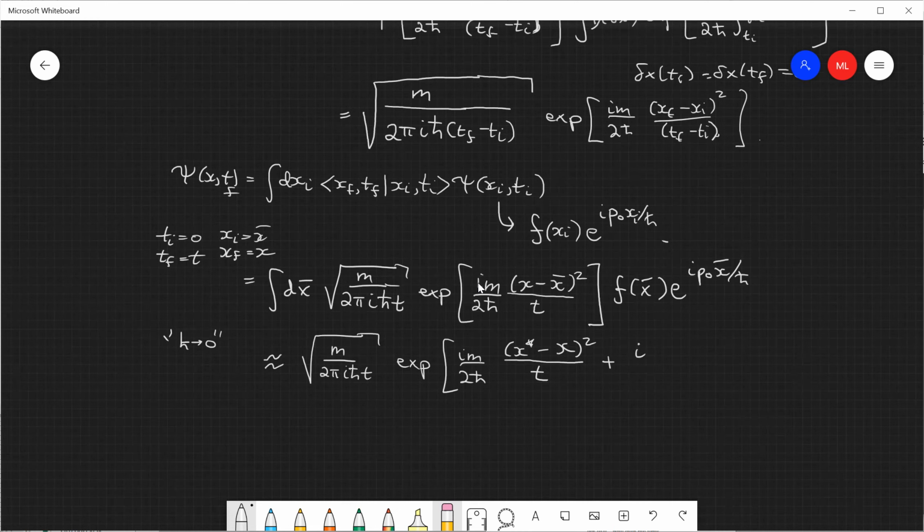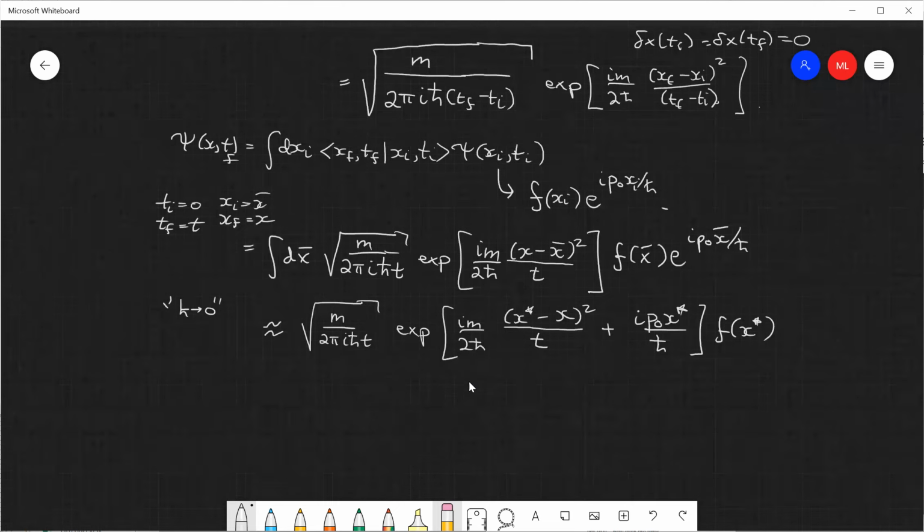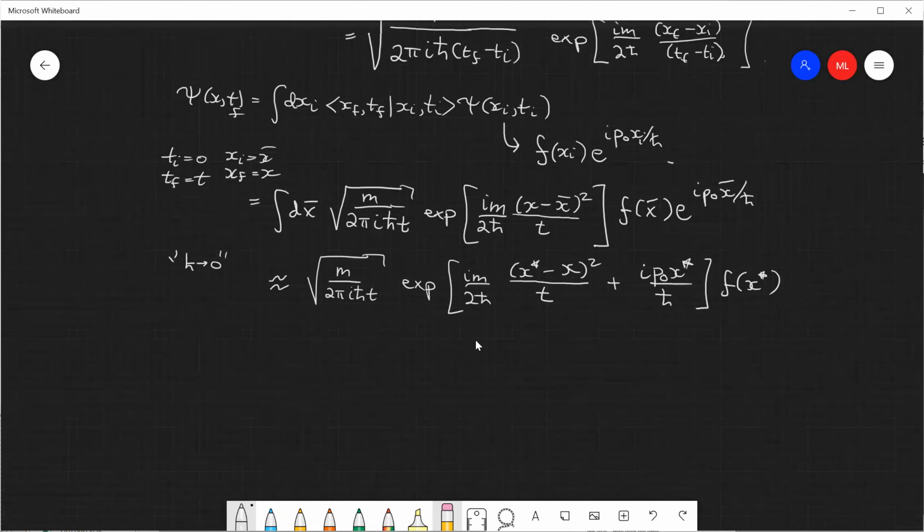So E0 x star, and I'll show you what the stationary point is in a moment. So I combined exponentials here, and this is f of x star. So what's x star? X star is that stationary point, and to get it, we just have to do the first derivative test. So we just have to do d dx bar of all the stuff in the exponential.